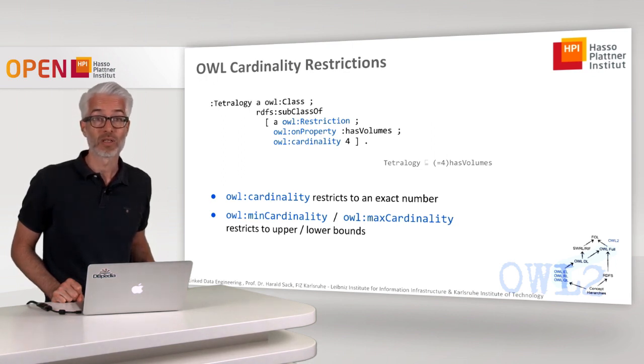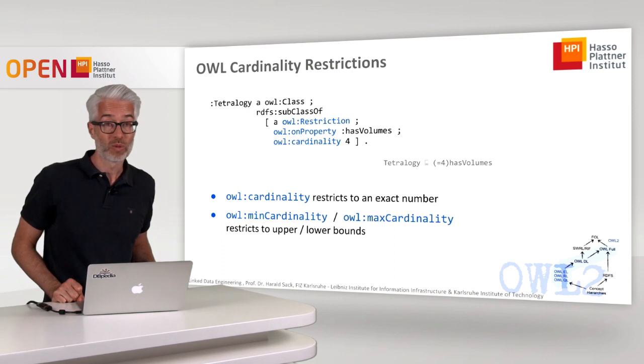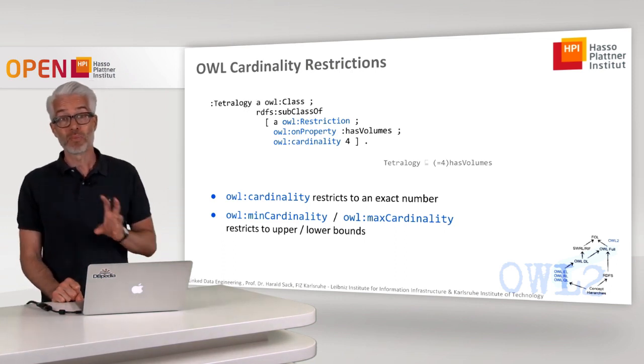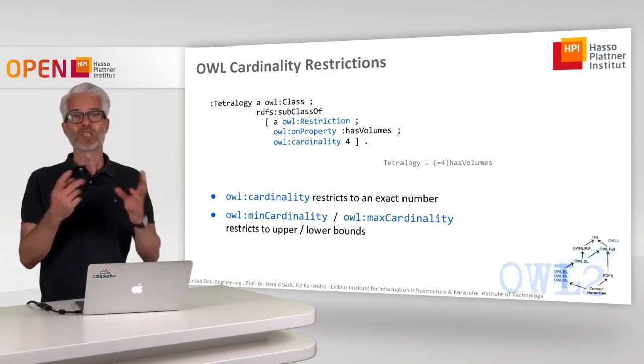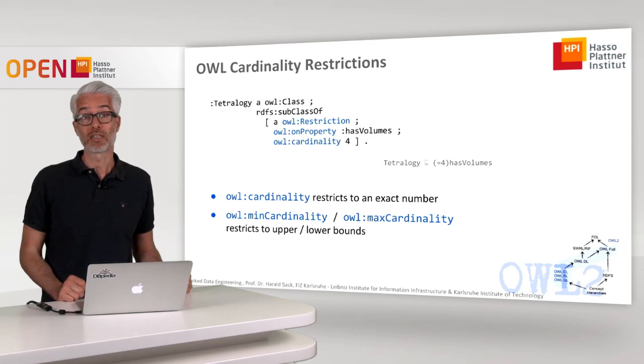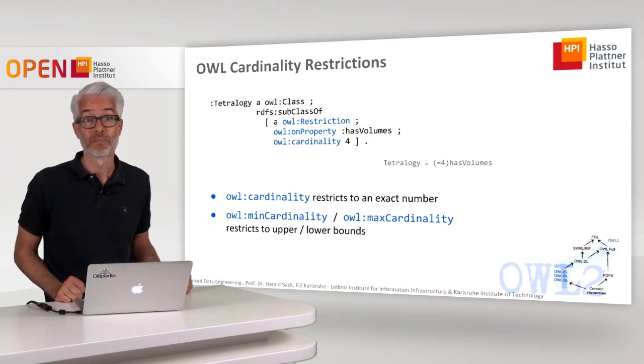This is a tetralogy. It should not be 3, it should not be 5. In this class are only members which have 4 times the property has volumes, exactly 4 times. So this is a tetralogy.